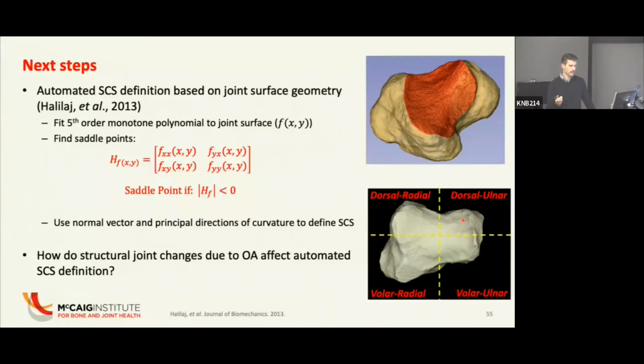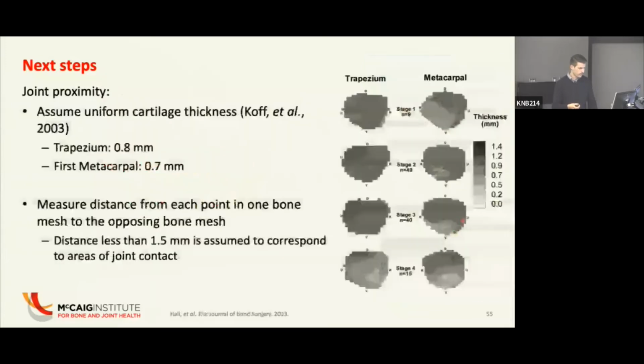From there, we can analyze changes in the bone at different aspects of the joint where we know, for example, in the case of the trapezium, that in the volar ulnar aspect, we see thinner articulating cartilage as osteoarthritis progresses. So then we can start to look at some of the underlying bone changes in those areas.